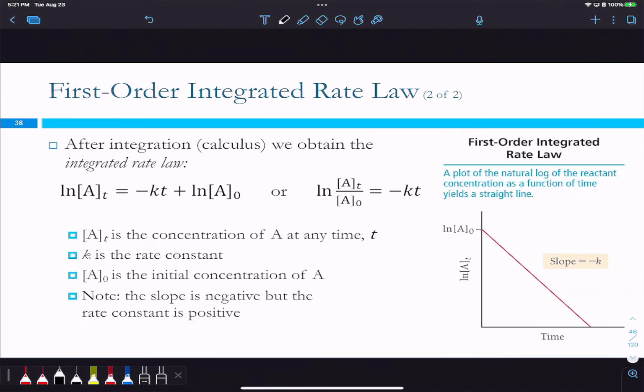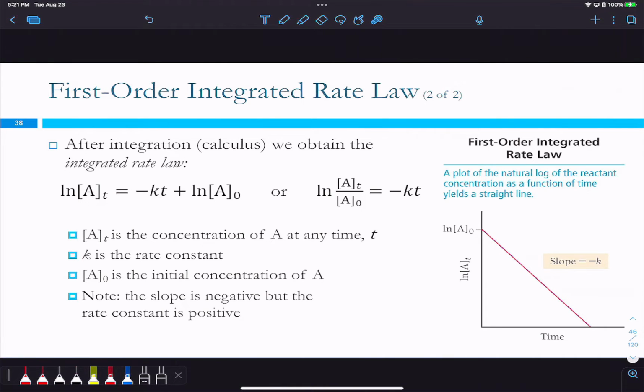So after you do the integration, again, you can look that up in the book, we'll get the natural log of A at time t. So this is the concentration in the future, is equal to negative, this is key too, that is negative times the rate constant.